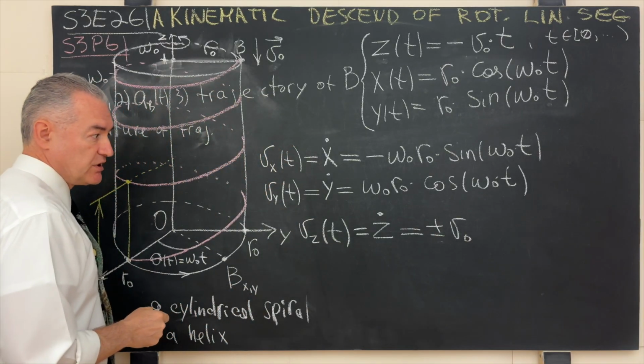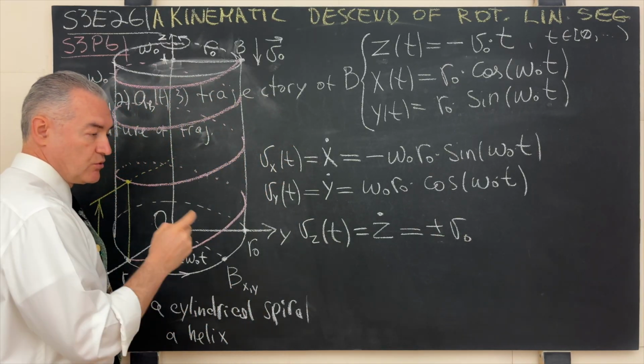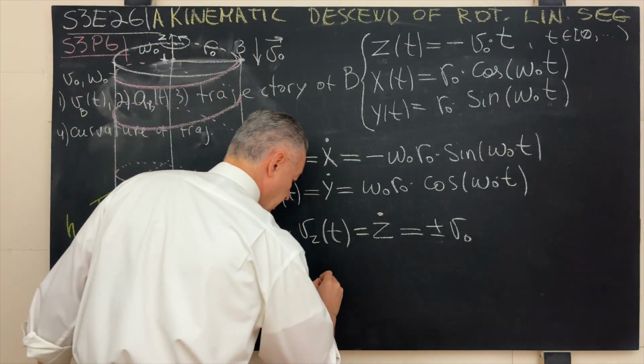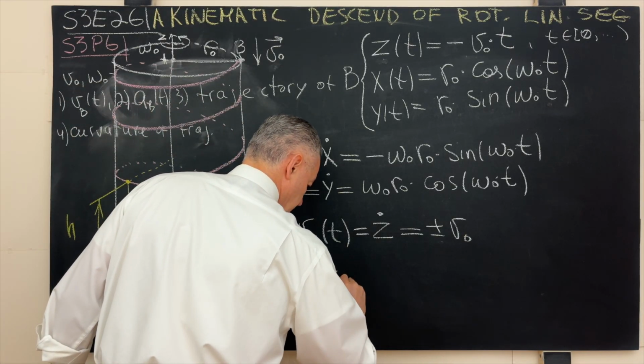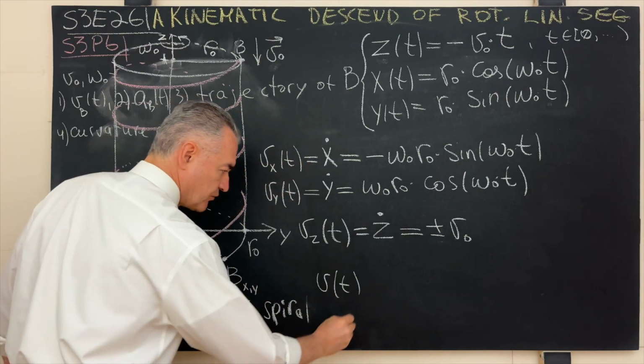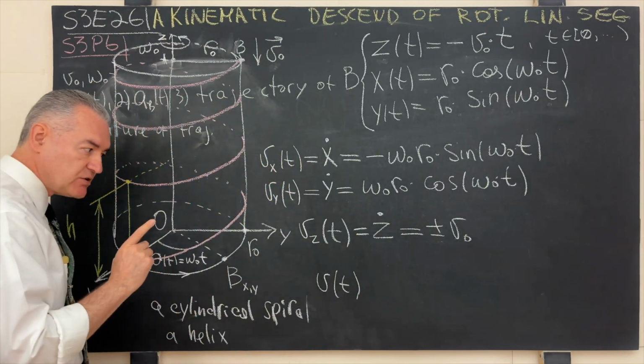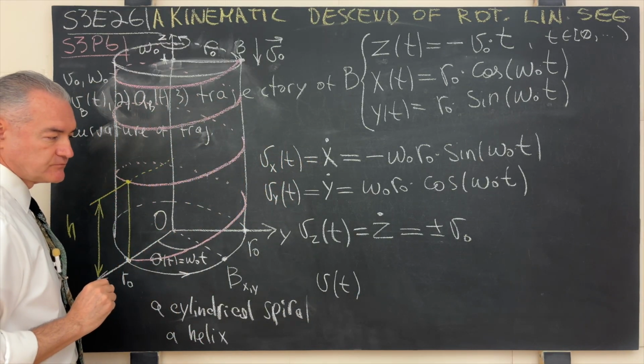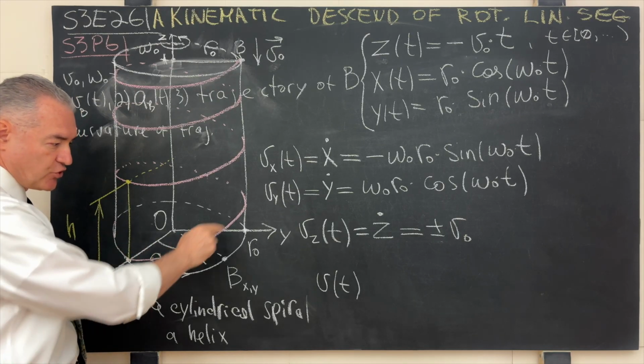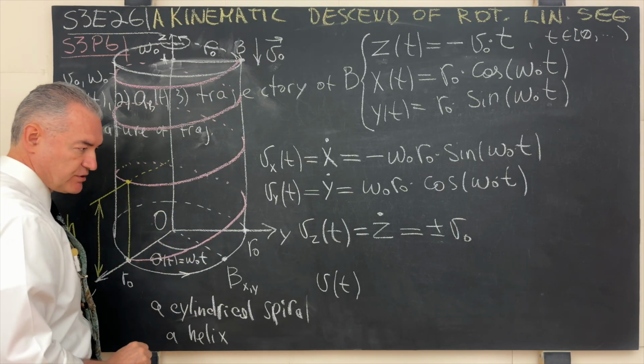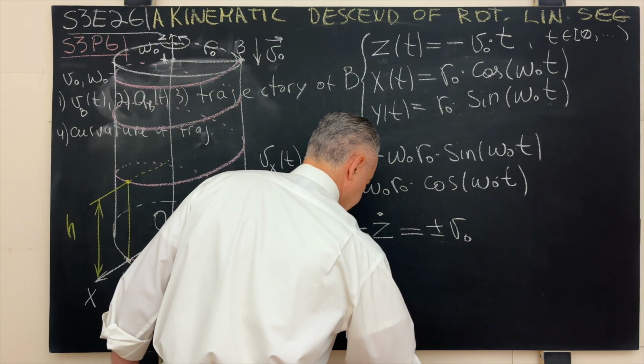And once we have that information, what do we do next? Well, next we write down the expression for the complete velocity, or magnitude of the velocity, of the point B as it traverses the cylindrical spiral at hand. And that is quite straightforward.